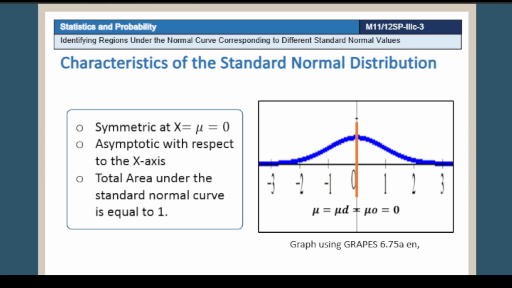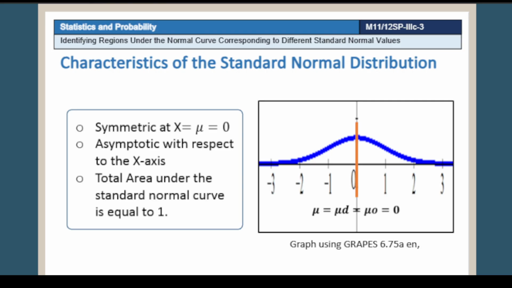And now let's talk about the characteristics of a standard normal distribution. As I mentioned earlier, the standard normal distribution is also symmetric. And as you can see, x is equal to the mean, which is equal to 0. The mean is the middle number, represented by 0. Then we have it being asymptotic with respect to the x-axis.